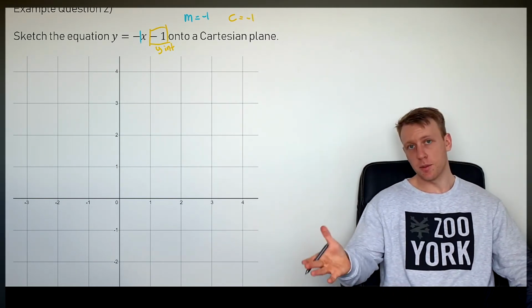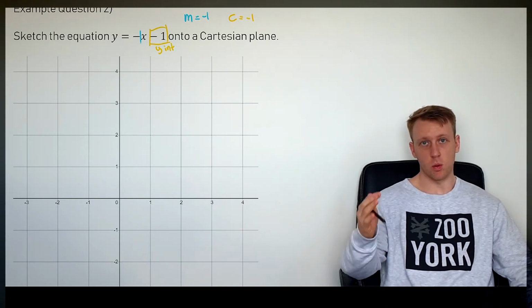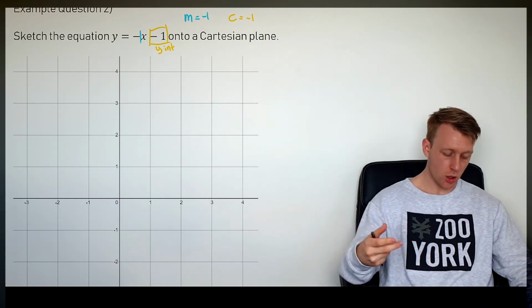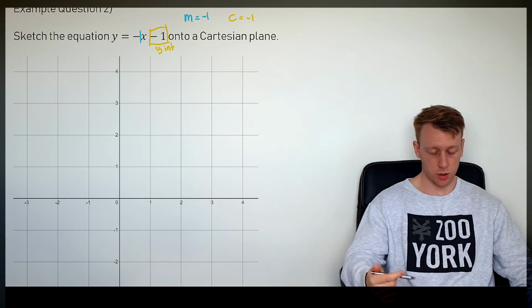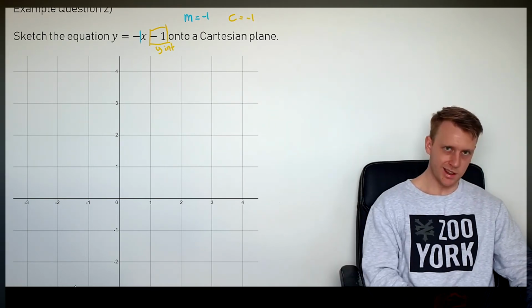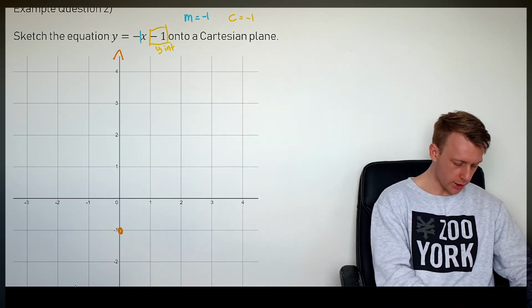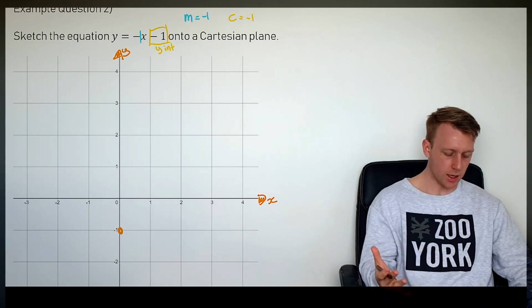Now what a negative slope implies is that we're walking down a hill, and 1 implies 1 divided by 1 for rise over run. So as we move along 1, we're going to be going down 1 because we're going down the hill. First point that I'm going to plot is this y-intercept here, where it cuts the y-axis, and that is the point -1.